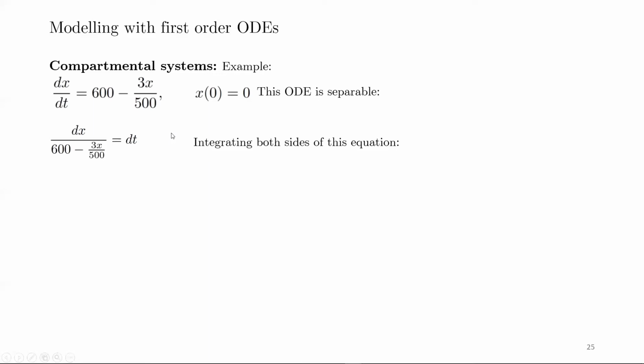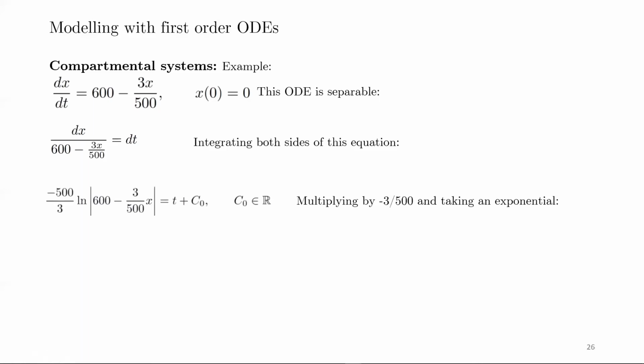Like so. So we can integrate both sides of this equation, the left side by dx, the right hand side by dt, and it's not too hard an integral, and hopefully you can convince yourself that the solution to that integral is going to contain a logarithm, because we've got a number over x here.